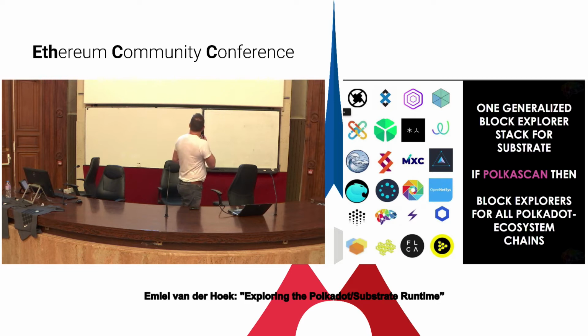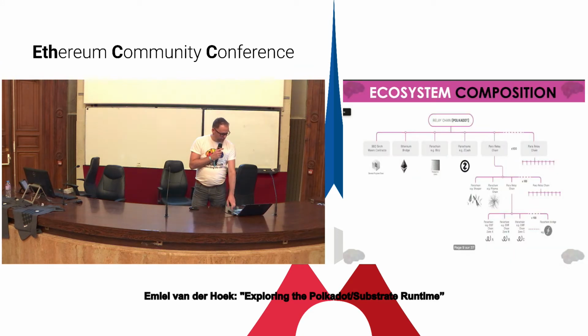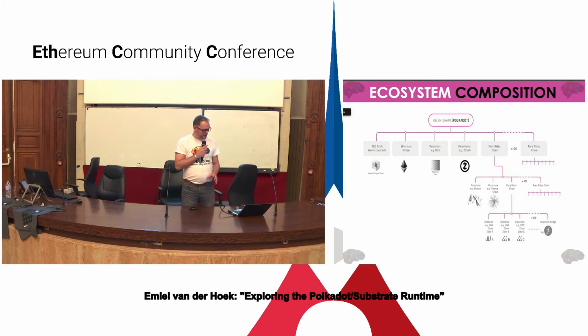These are a number of projects that are currently in that Polka Dot ecosystem already, and I bet that number will grow. These are a few of these. This is an example of an image of how a single relay chain composes an ecosystem.